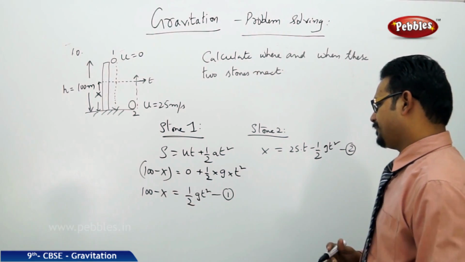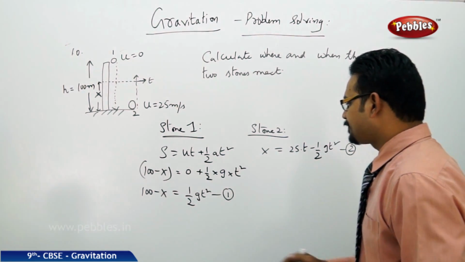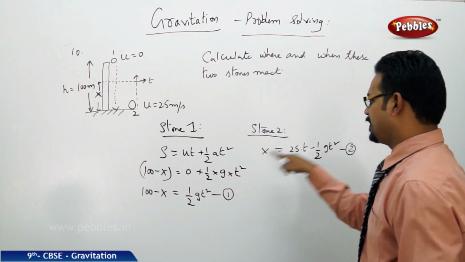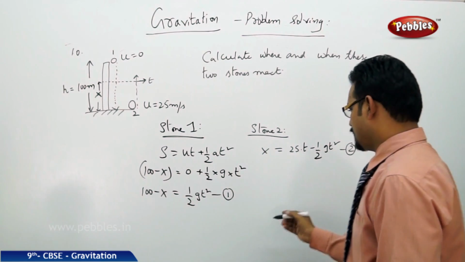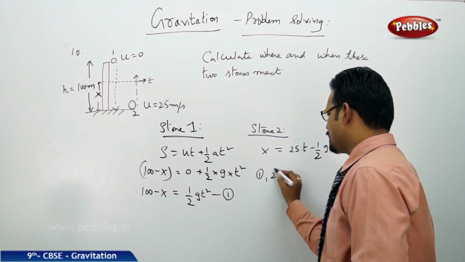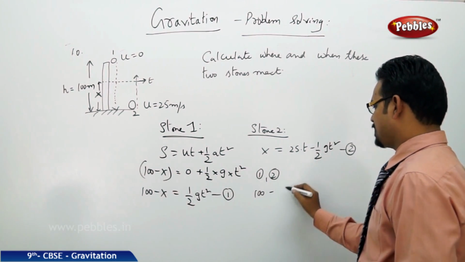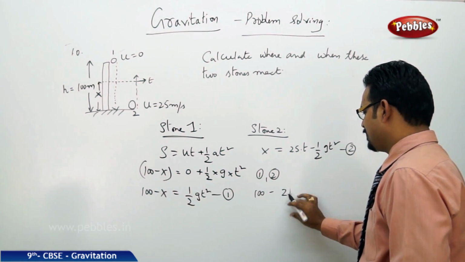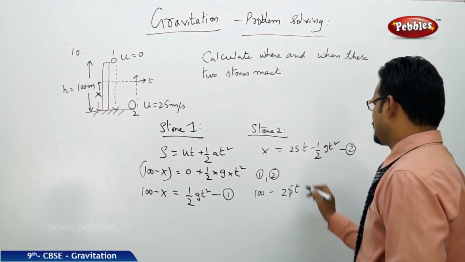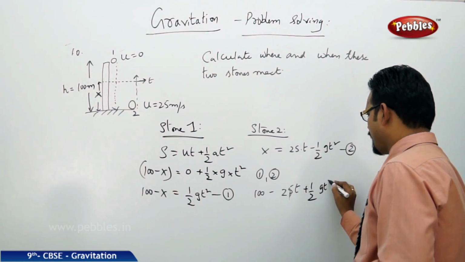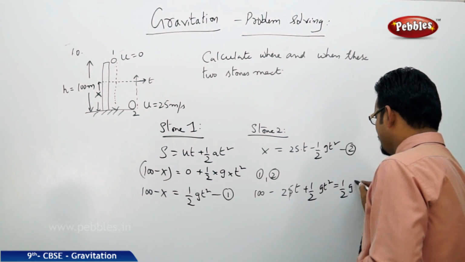Now see equation 1 and equation 2. We need to solve. Here, instead of x, I supply this formula inside. So from equations 1 and 2, 100 minus x: instead of x, I am supplying 25t minus half gt square equals half gt square.